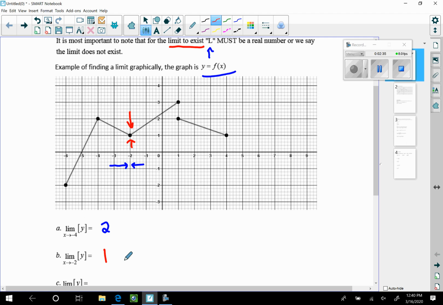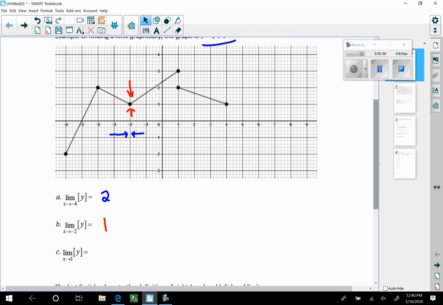And another example I have on this graph is this limit right here. As x approaches 1 of y, what would that limit be? Well, let's approach 1 from the left. If I approach 1 from the left, it looks like the y values approach 3.